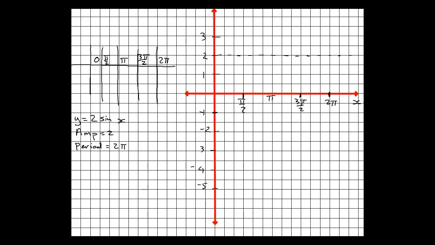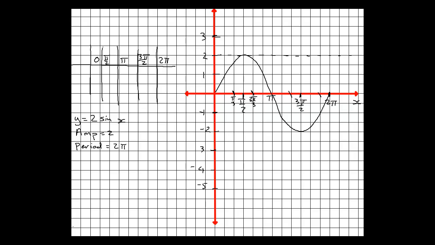Okay, so that's going to go up to 2 and down to minus 2. So it's sort of going to go up, down. There's my first graph, y equals 2 sine x.